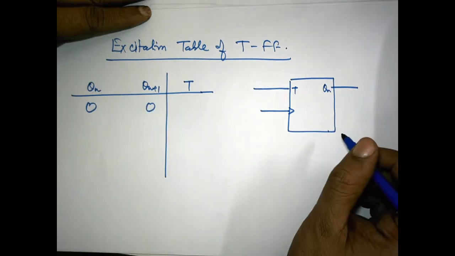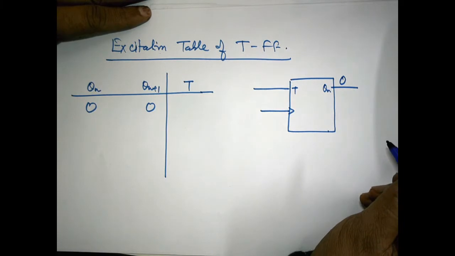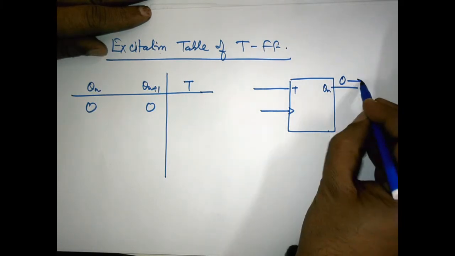Suppose the present state is 0 and we are willing to make it 0.